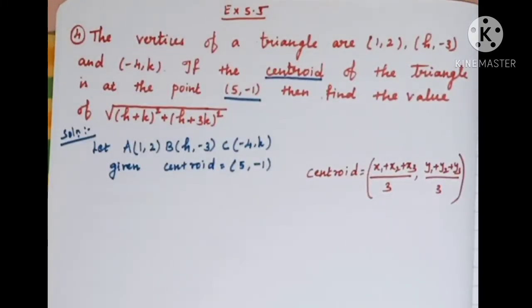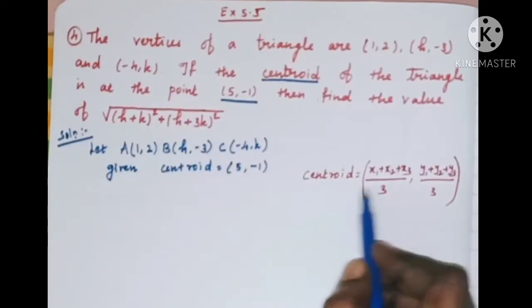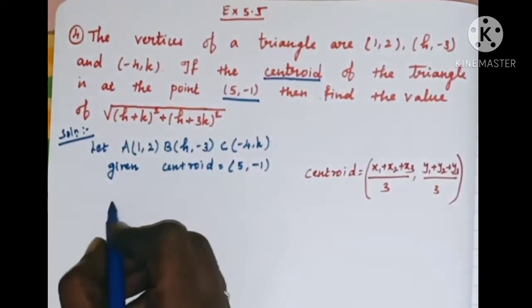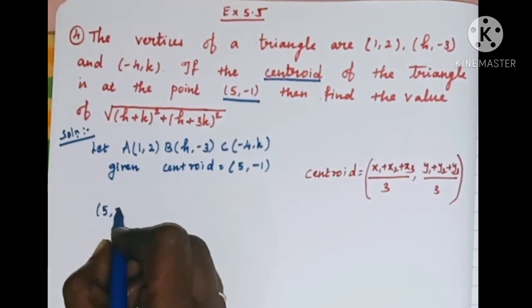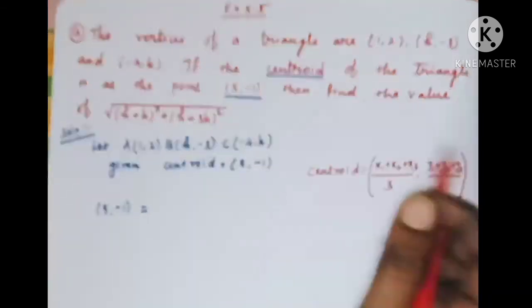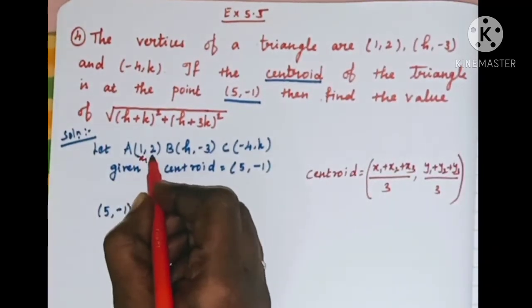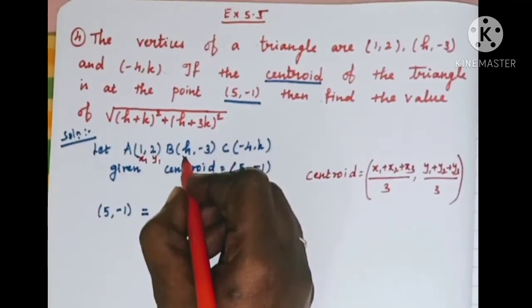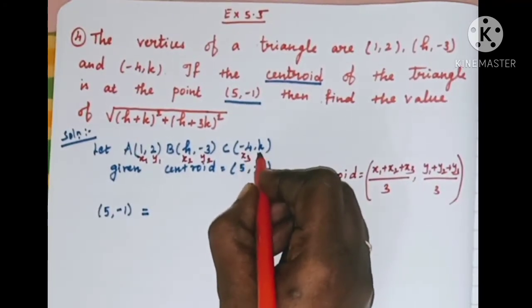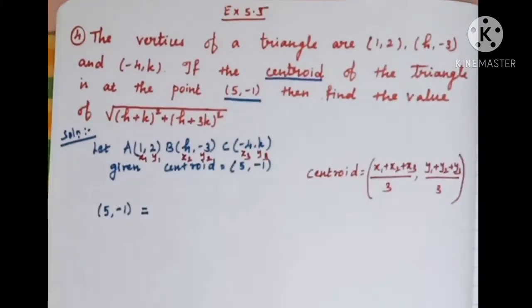Now we have to substitute the values in this formula. Centroid is nothing but (5, minus 1), which is equal to, taking the coordinates of A as x1, y1, the coordinates of B as x2, y2 and the coordinates of C as x3, y3.